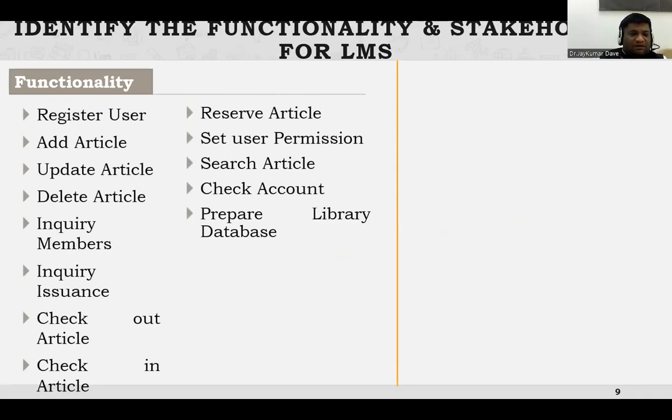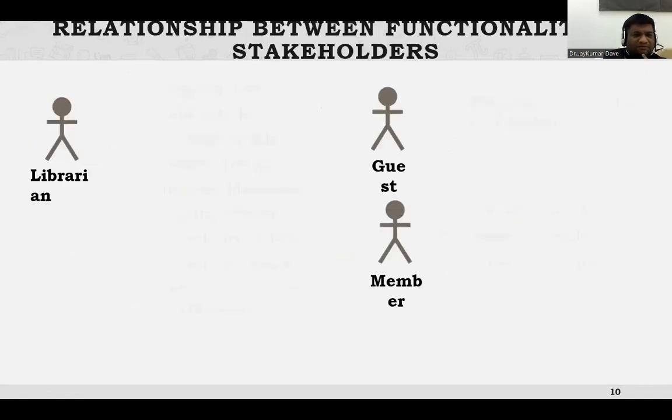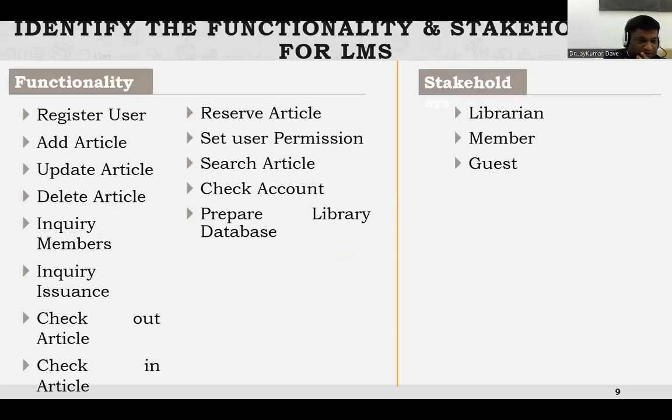Now, the very first step in order to prepare a use case diagram for LMS is the identification of the several functionalities, which means what are the various functionalities that actors or the users are going to perform in the context of the system. So the very first thing is that the registration of the user has to be done, right? Then various types of books and articles need to be added.